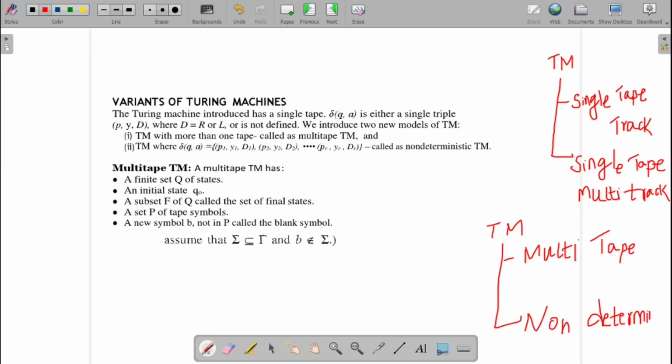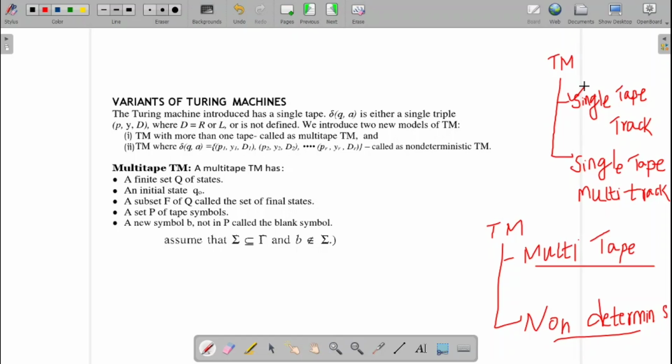In the previous cases we used to have a single tape. Now we will have multiple tapes. The Turing machine with more than one tape, we call it the multi-tape Turing machine. For each tape, a different head will be there. That we will see in detail.